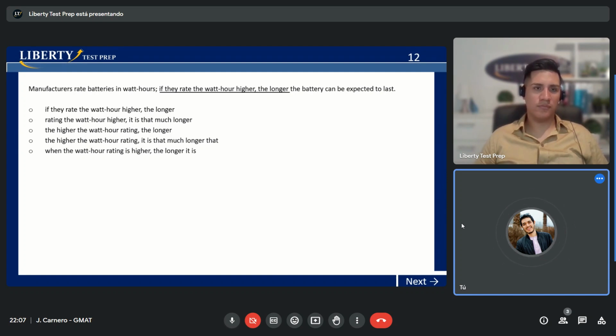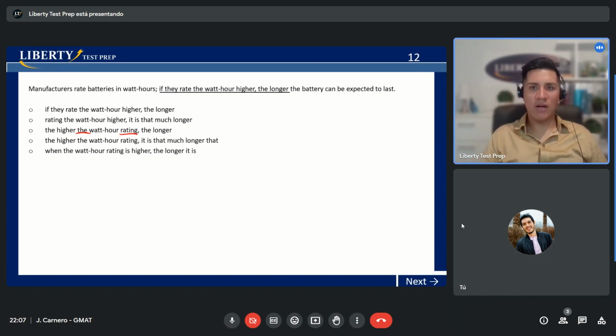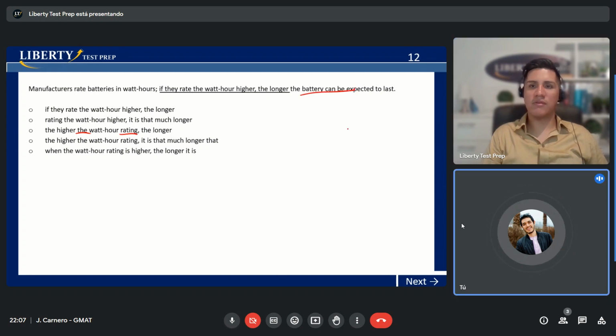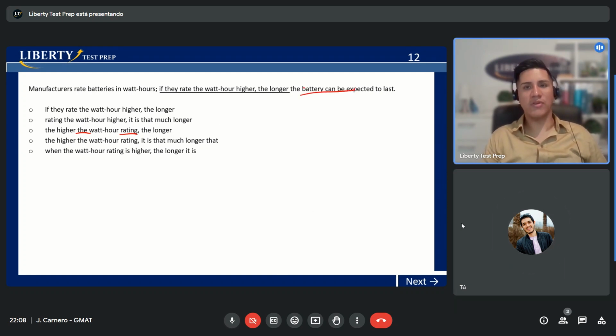"The higher the watt hour rating." Is there a verb? No, that's a gerund. In this case, it's a complex gerund: the rating, the watt hour. You do have a verb here, but it can be expanded. So in all cases, you have a clause on the right.